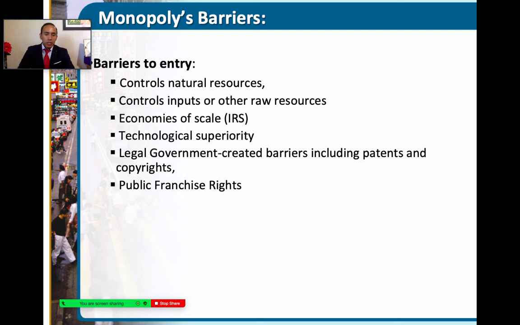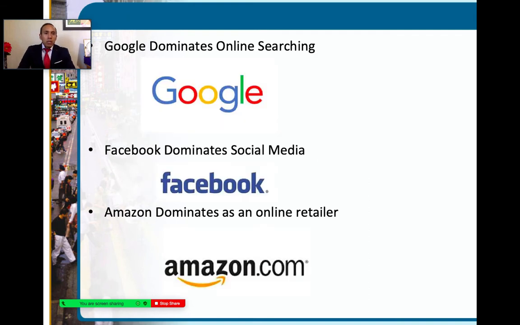Public franchise rights are among those that are exclusively given to one firm for one brand or for one particular good or different goods in the market, controlled by one company or one firm. Consider, for example, the big giants in the online field, such as Google, Facebook, Amazon, and so on. All of them control specifically certain things.